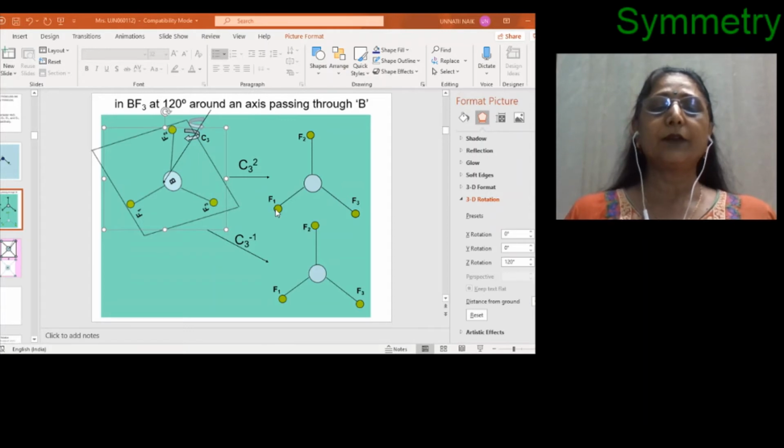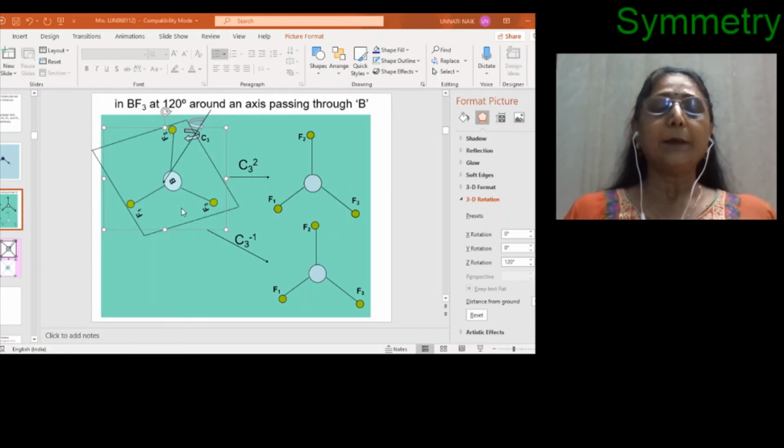F2 is over here, and F3 is over here. So after 2 rotations around the given axis, we get this structure where F1 has changed its position 2 times, and therefore it is over here.